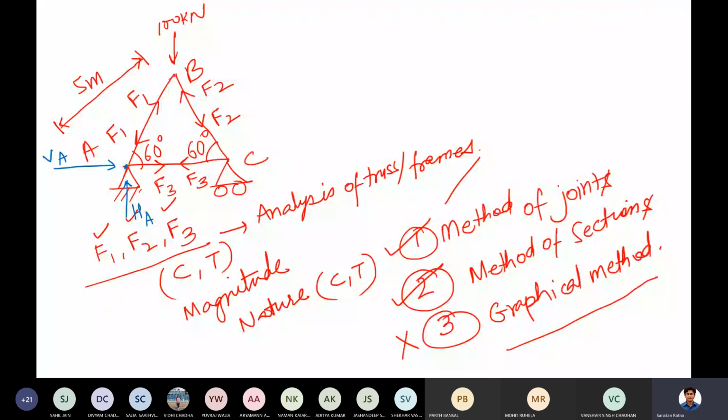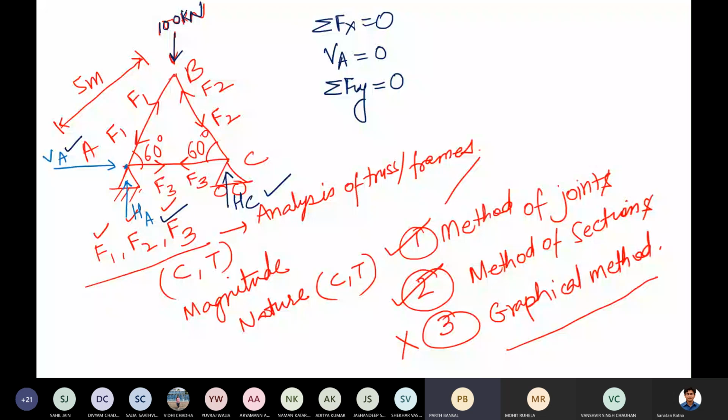Similarly, what will be summation Fy is equal to 0? Tell me. HA plus HC is equal to 100 kN. HA plus HC, okay. So, summation of moment about point A is equal to... What will be the equation there?